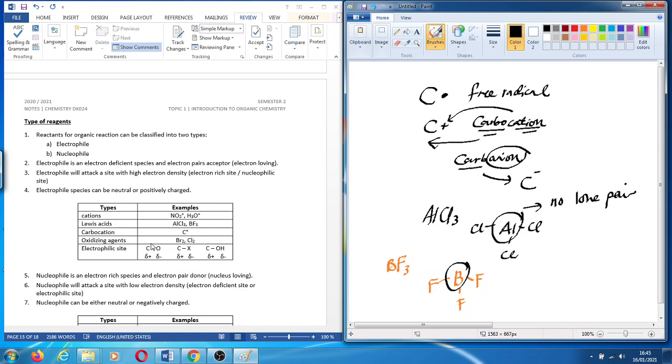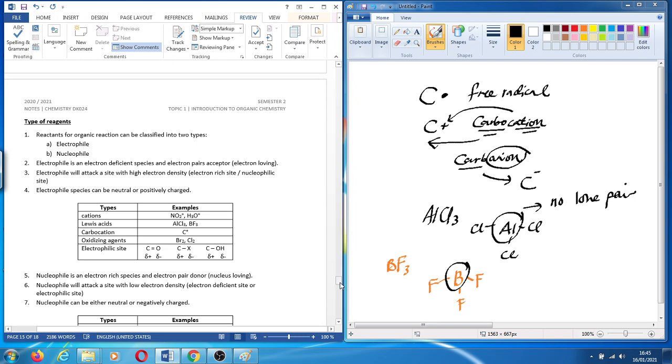O will pull the electron from C. Thereby, C will have less electron. This is an electrophilic site. CX, X is your halogen. Halogen is more electronegative than C. Halogen also will pull the electron from C to itself. And the third example is C-OH. This is an electrophilic site.